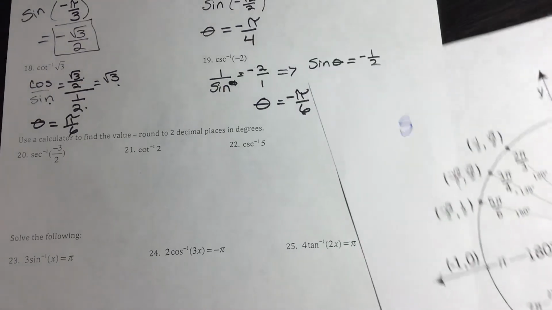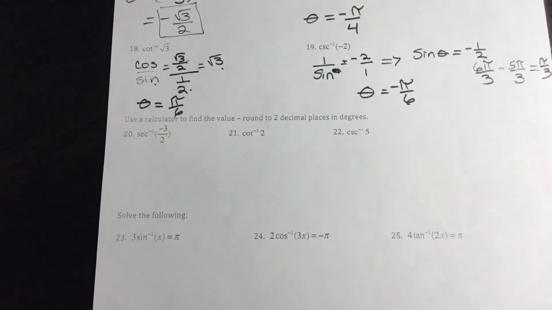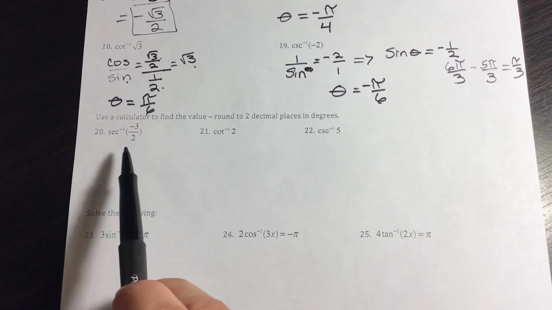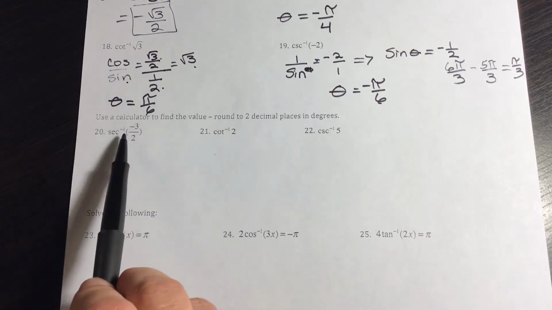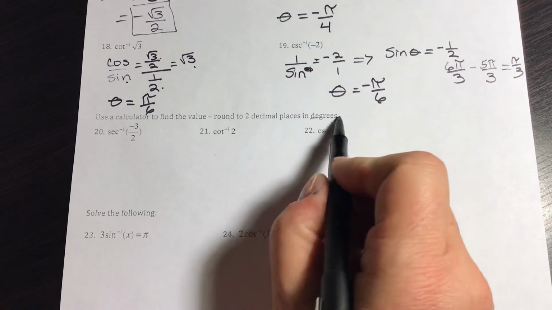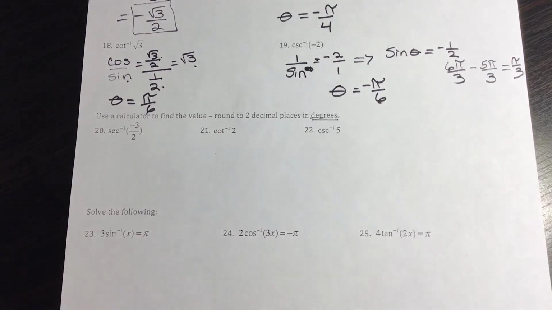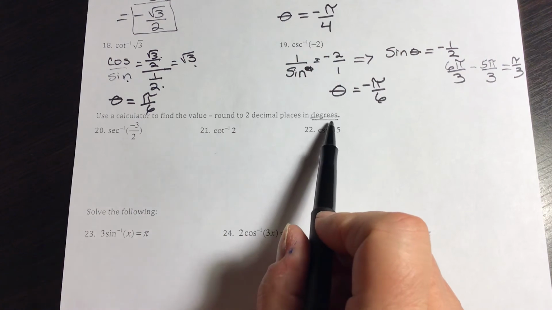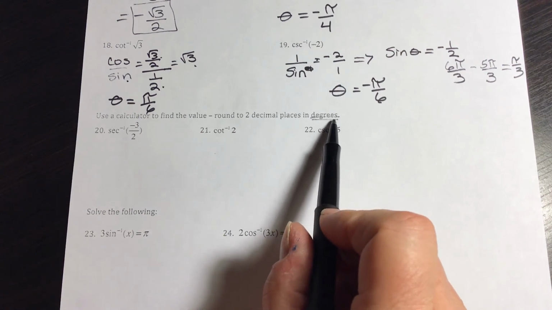Number 20. In this section, just like we did on the first page, we're doing the inverse secant. We still want our answer in degrees, so we probably will still have our decimals in the degree mode.